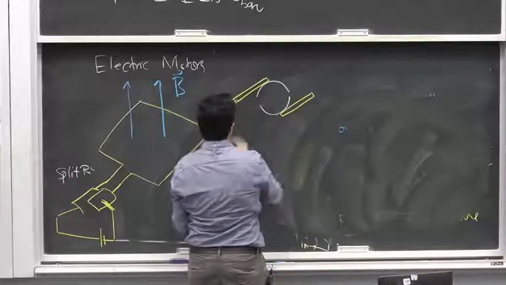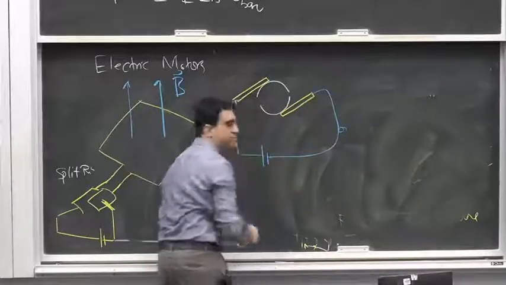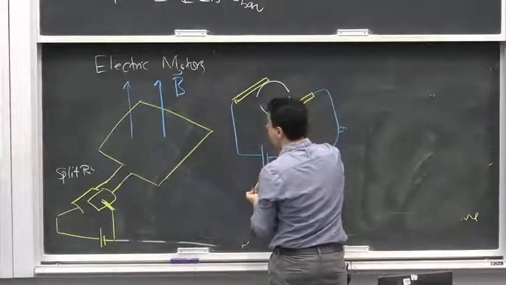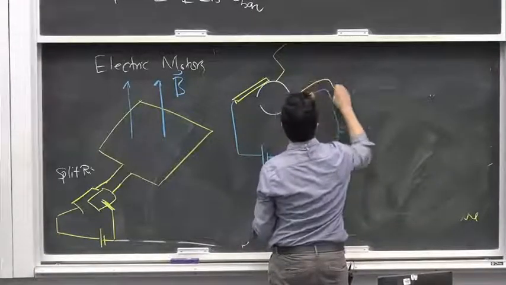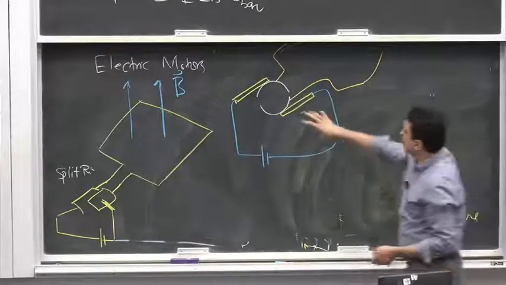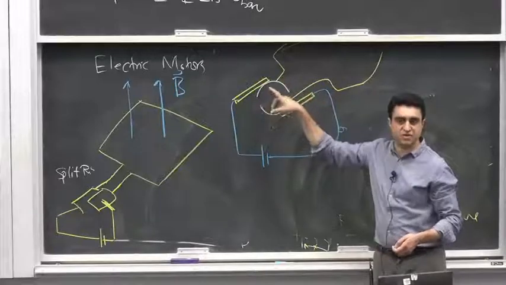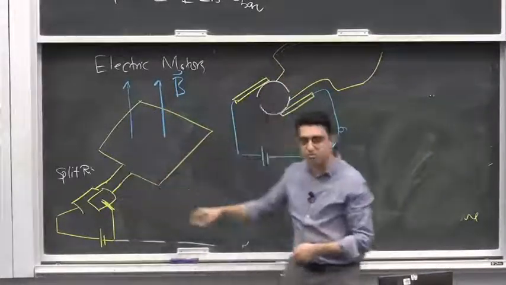So this one is connected to a positive terminal and this one is connected to a negative terminal. And of course this one then goes to one part of the ring, this one goes to another part of the ring. That's how the system is. So when the ring rotates, this split ring also rotates with it because this is connected to that, and it's a rigid body, so the whole thing moves around.